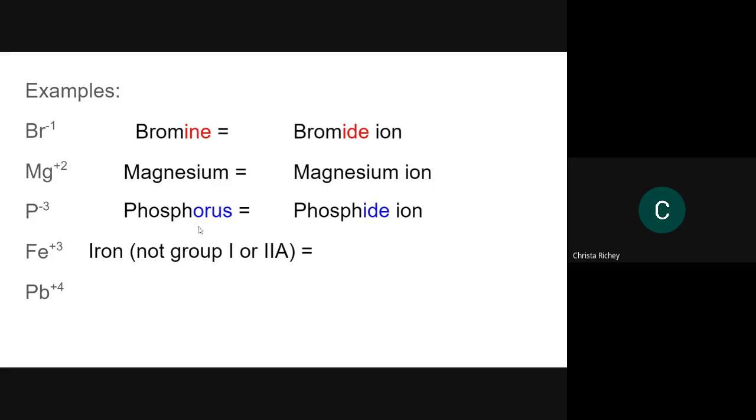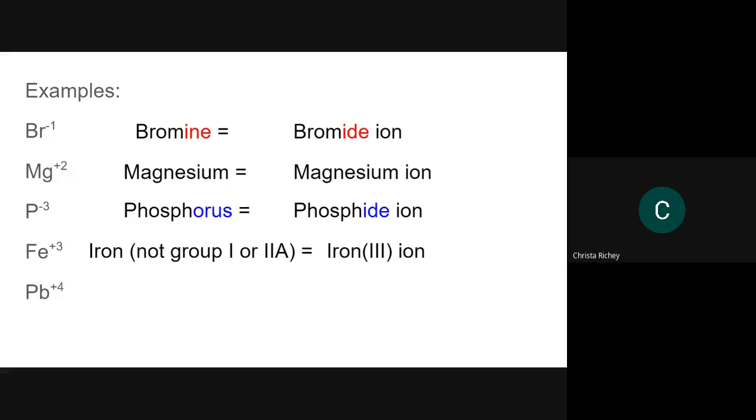Iron. Are you going to change its ending? No. But I need to know what its charge is. So how do you write 3 in Roman numerals? 3 I's. That is how you write the iron 3 ion.